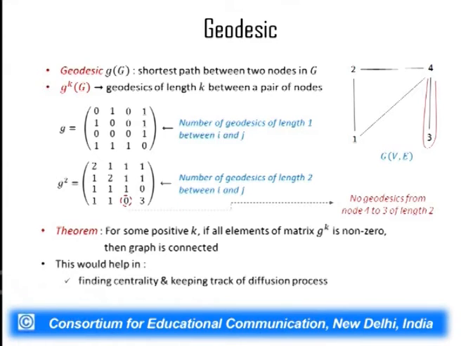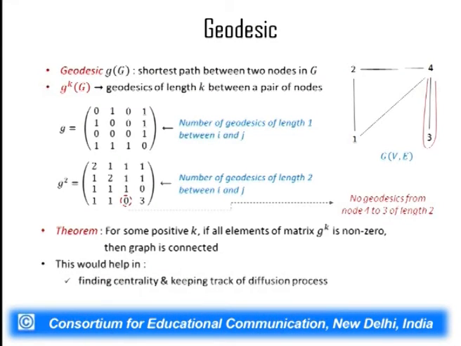If we are positioned on node 4 and going to node 3, we can see that it's directly connected, so there is only one geodesic possible from node 4 to 3, of length exactly 1. In the adjacency matrix of G above, you can see that at the place where we have 0 in the G square matrix, there is a 1. That is the interpretation.